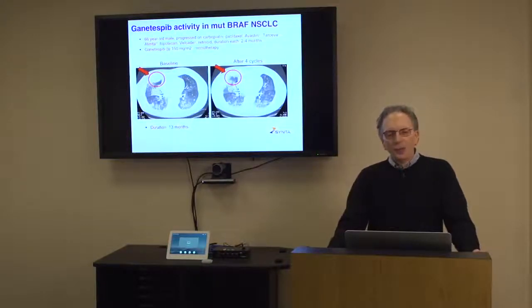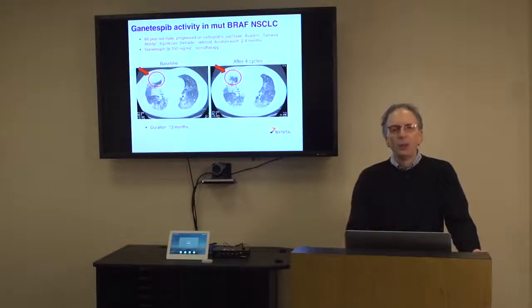Ganetespib activity has also been seen in mutant BRAF non-small cell lung cancer, again after the patient progressed on various forms of chemotherapy. Single agent response to HSP90 inhibitor is clearly evident in the images below.